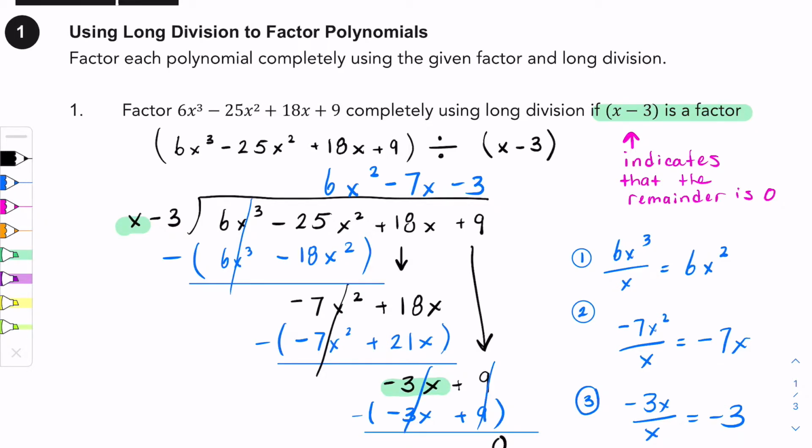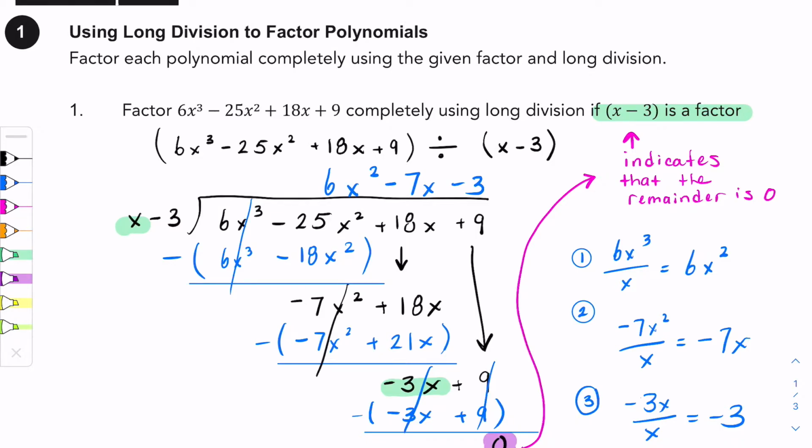So we just went through all that work to show that our remainder was going to be 0, which we already knew because we know that x minus 3 is a factor. However, now we can continue to factor this. Our remainder is 0. We know that x minus 3 is a factor of the original dividend.